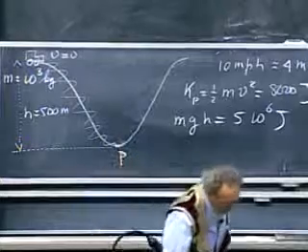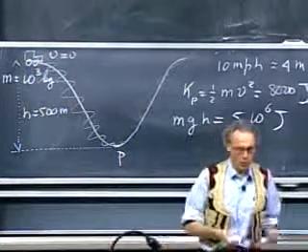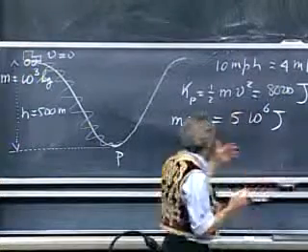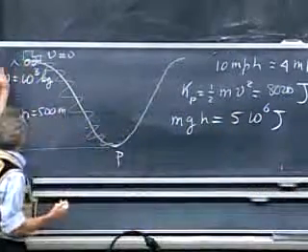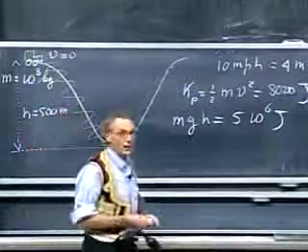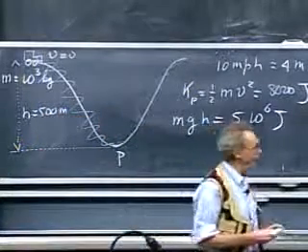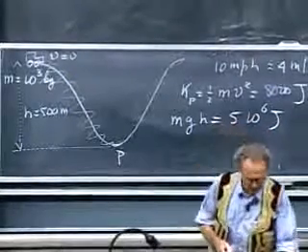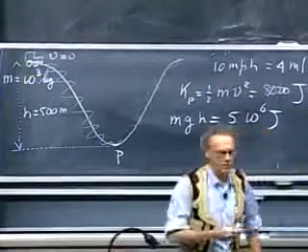You can install a disk in your car, which I would call then a flywheel, and you can convert the gravitational potential energy to kinetic energy of rotation in your flywheel. And to show you that it is not completely absurd, I will put in some numbers.